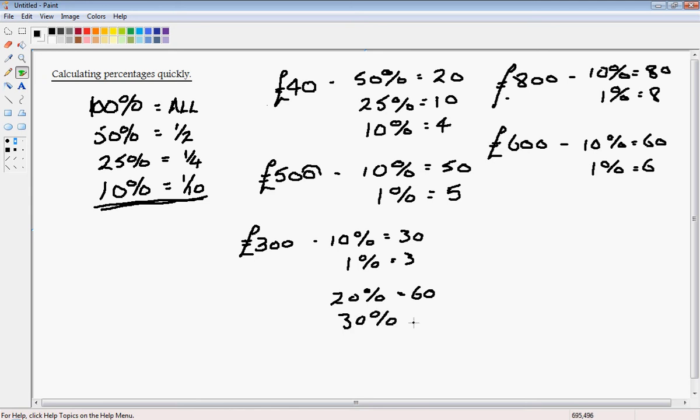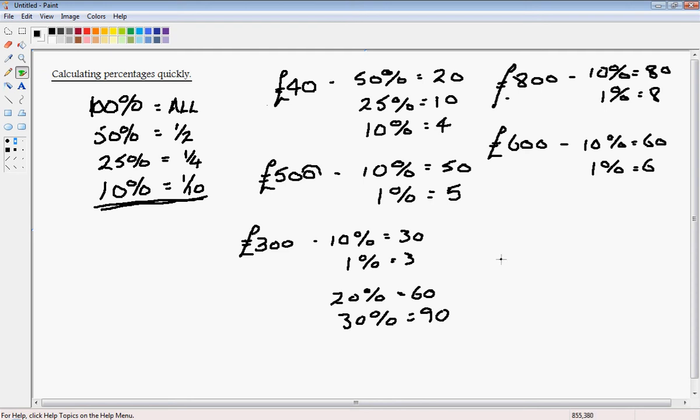If they said, what's 30% of 300? Well, 10% is 30, 30% is 3 lots of this 10%, so it will be 3 lots of 30, so this will be 90.